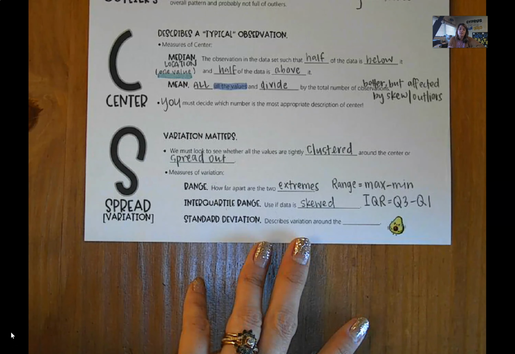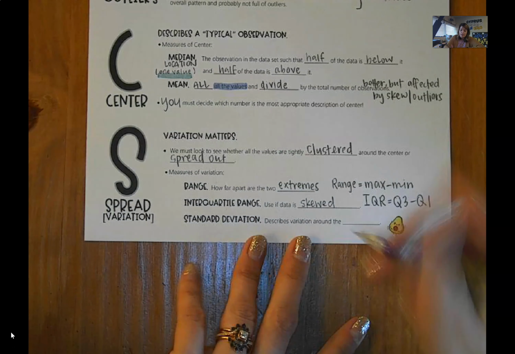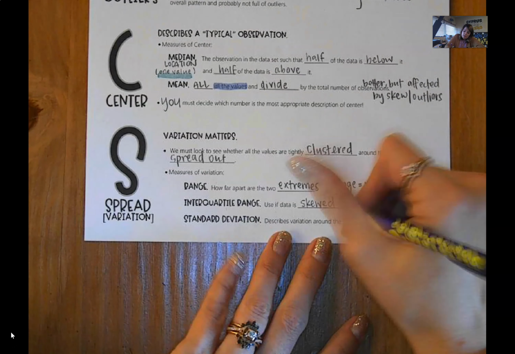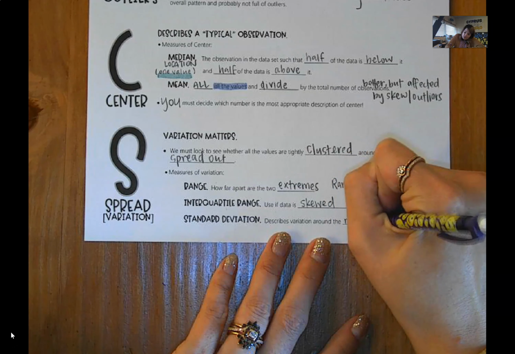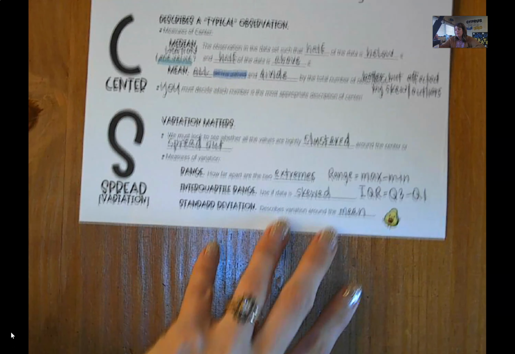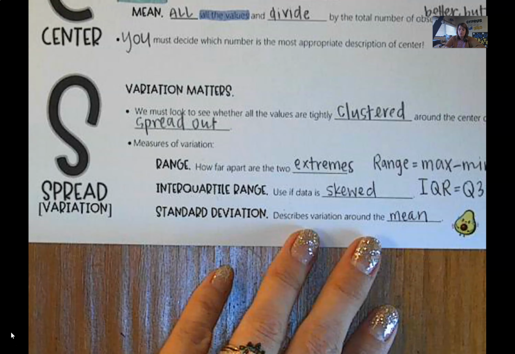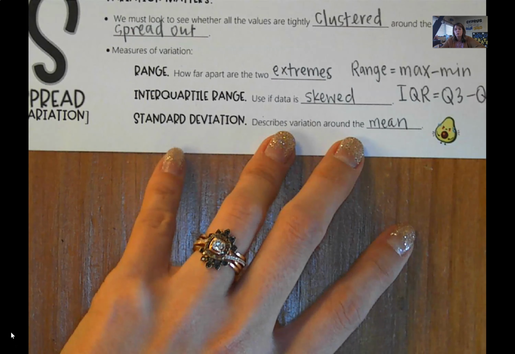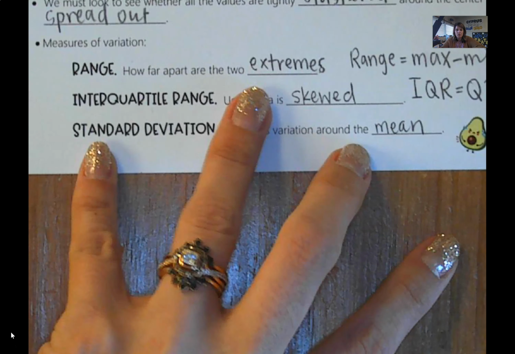Now, the one last way that you can measure spread, and it is probably the best description of spread, is standard deviation. And standard deviation describes the variation around the mean or the variation around your typical observation.